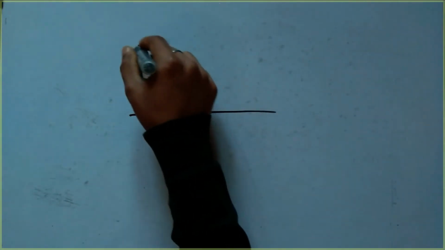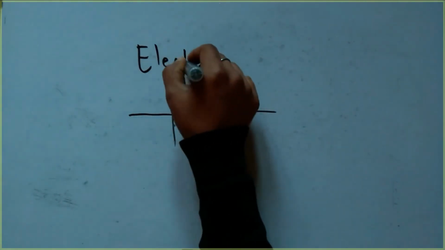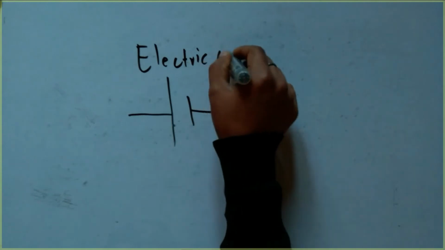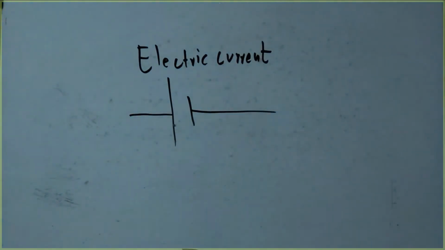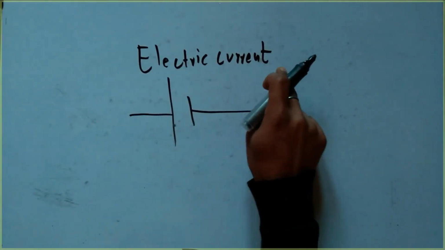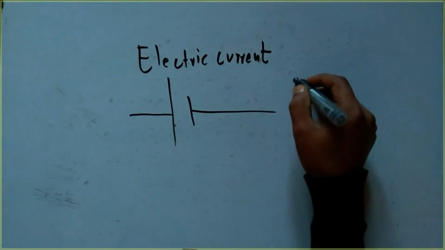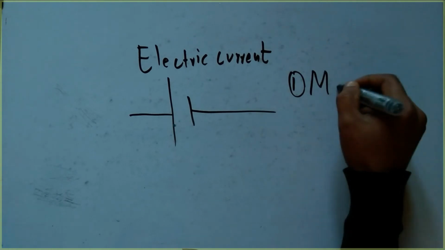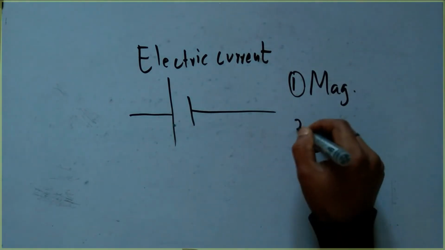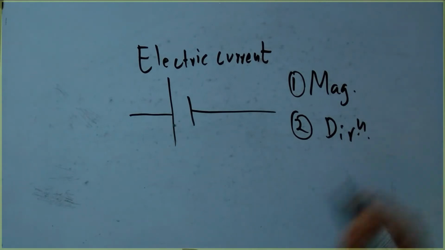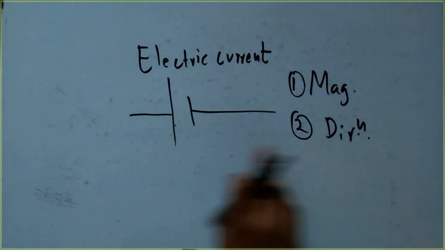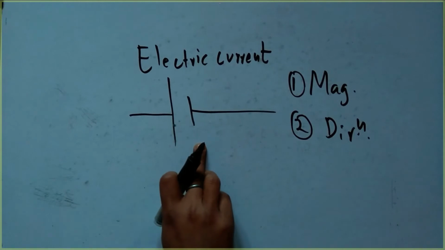Why is it so? Let us consider an example of electric current. Electric current is not a vector quantity, but it has magnitude and direction, the direction always being from positive to negative terminal.